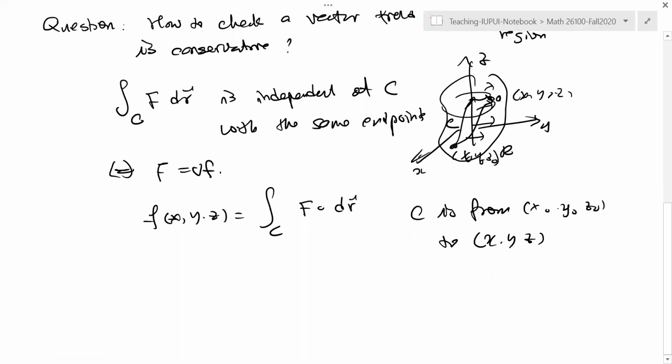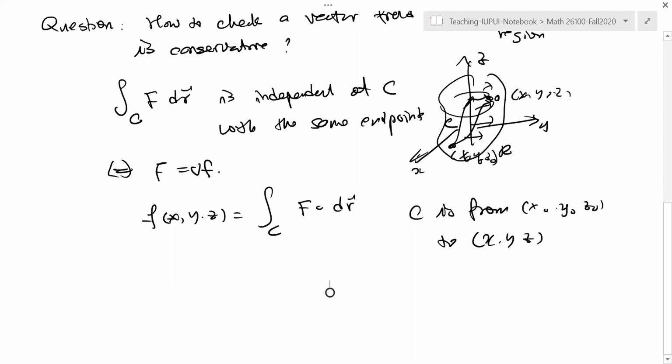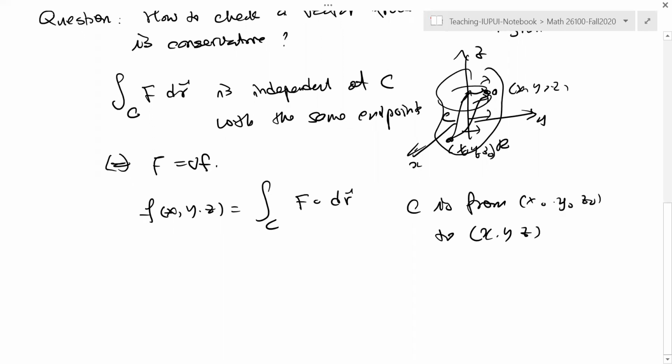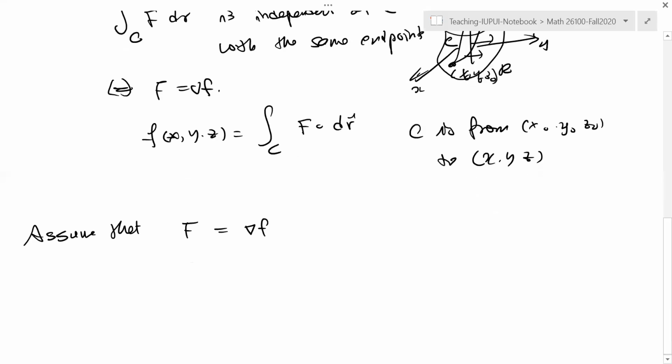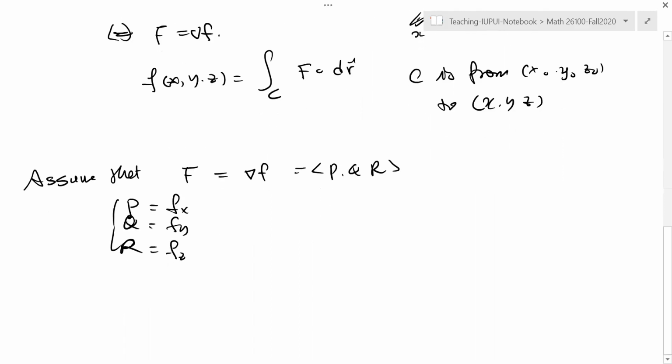In order to find the criteria to check whether one of these conditions is satisfied, either the integral is independent of C, or F is the gradient of f, we have to find a necessary condition. So we assume that the vector F is the gradient of f. What does that mean? That means P equals fx, Q equals fy, R equals fz. Those are the three components P, Q, R. Let's check.